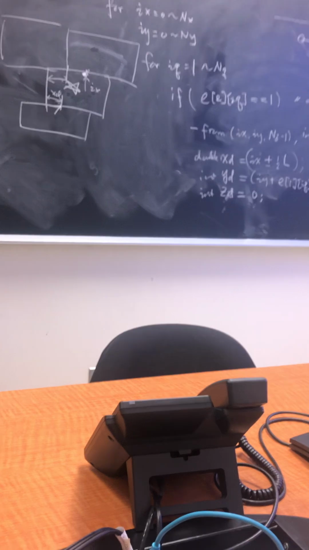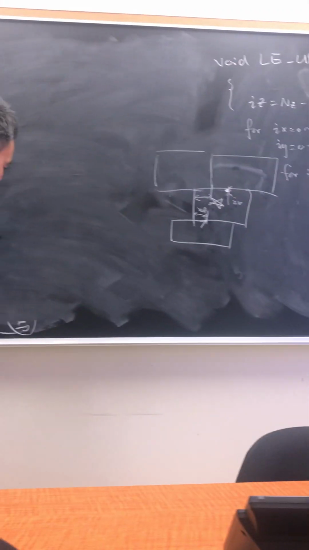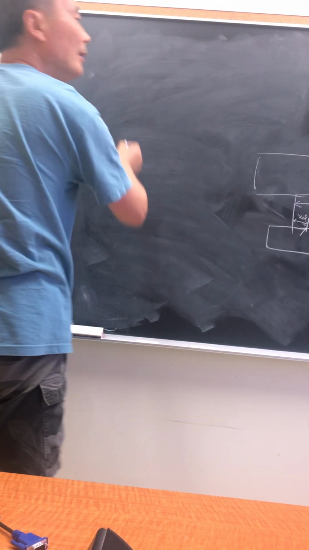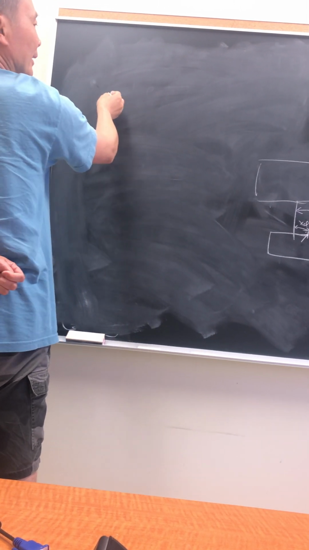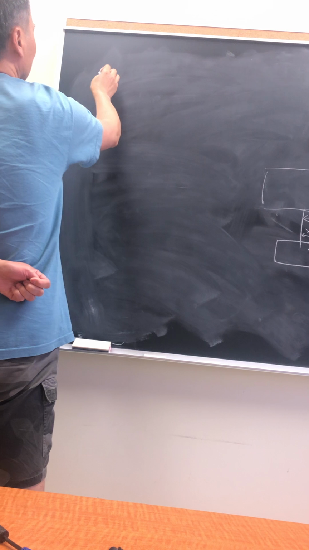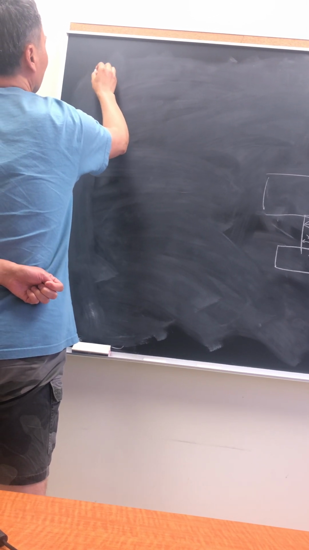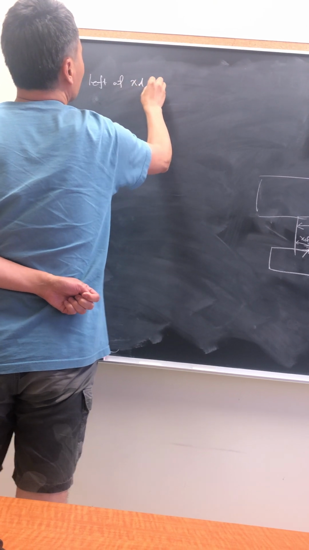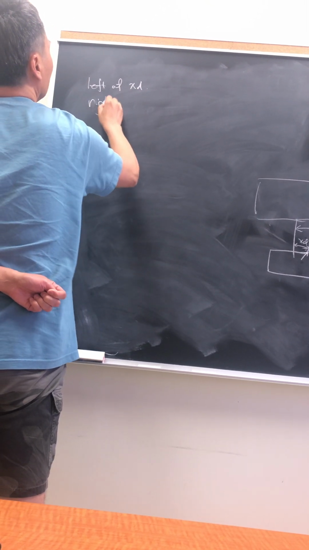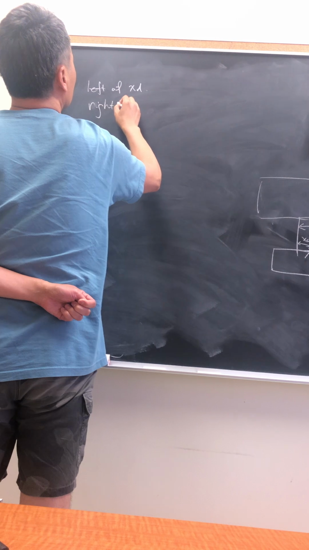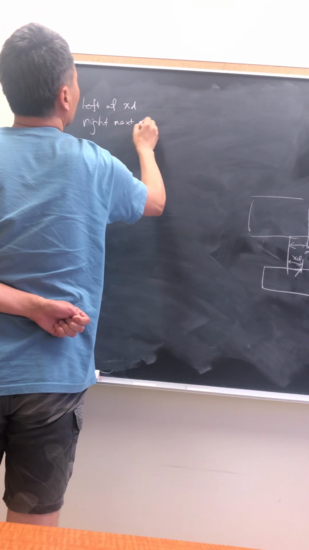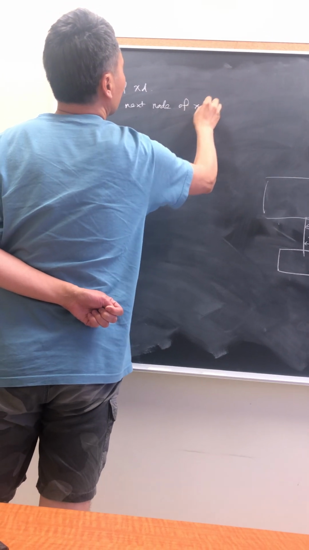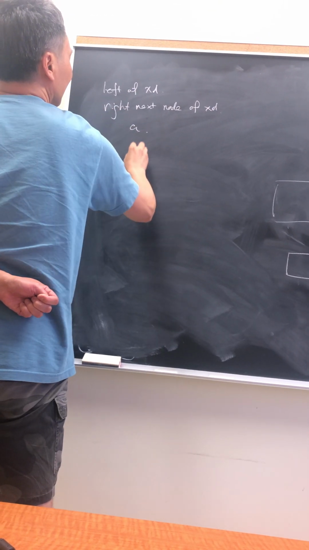With that, the xd is calculated, and now you can find the left node of xd, and the right next node of xd, right? And then you have A and B.